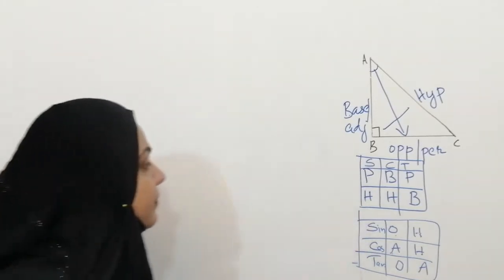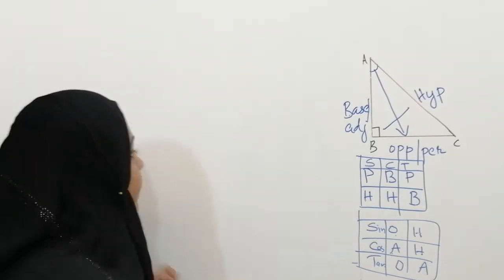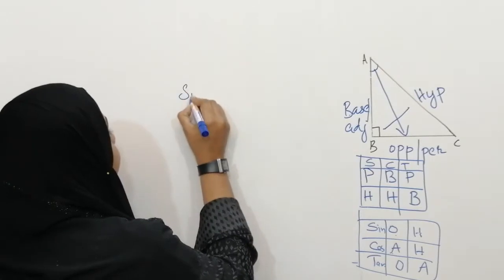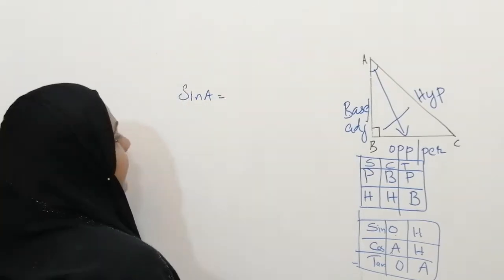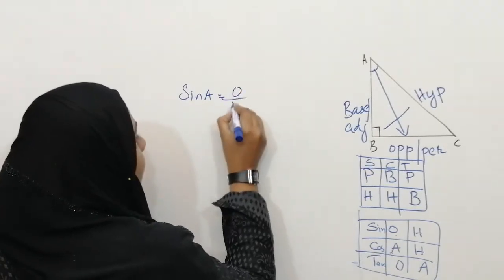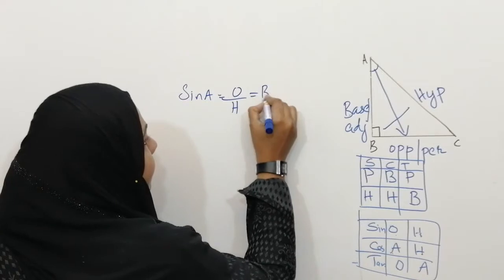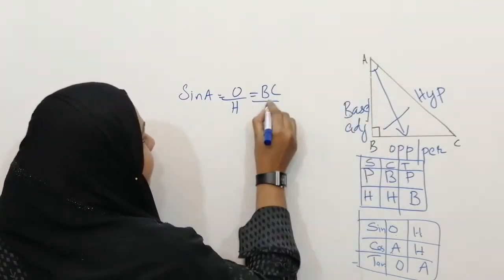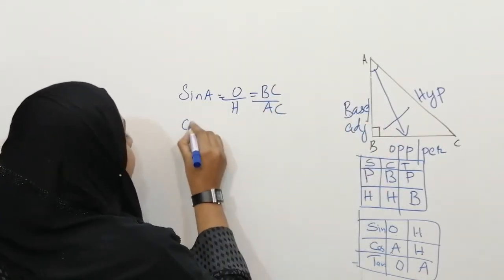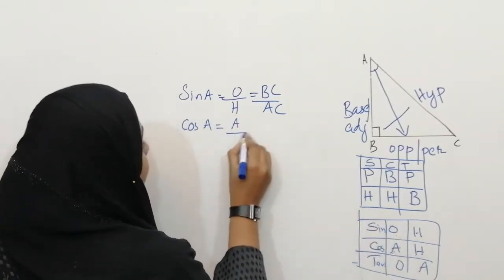So we will start with our next 3 trigonometric ratios. So first we can write here sine A. So you know that sine A is opposite to hypotenuse. So here what is opposite side? BC to AC. So cos A is adjacent to hypotenuse.